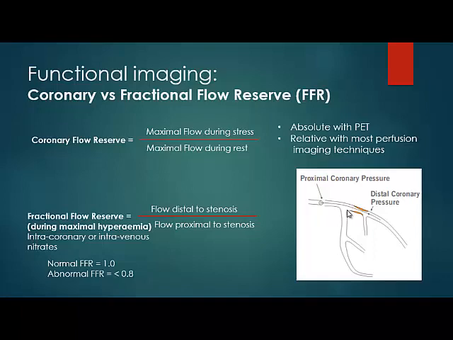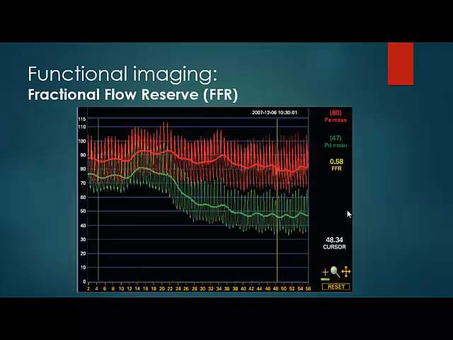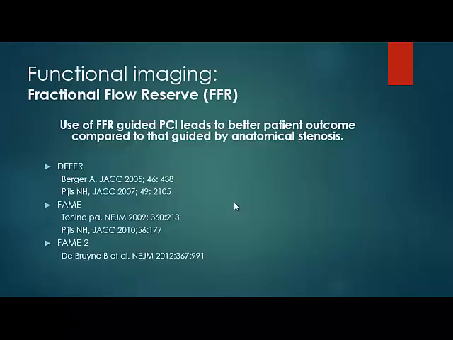Okay, various cutoffs have been described, but 0.8 is probably what people are taking as standard. Does it make sense? So this has become a very important tool for cardiologists to assess and treat coronary artery disease. And this is an example of normal pressure distally and pressure proximally, and the ratio of that. The two curves should be equal in a patient with no significant ischemia.